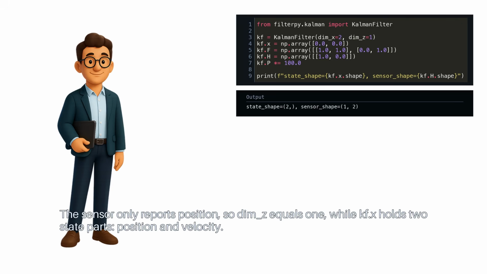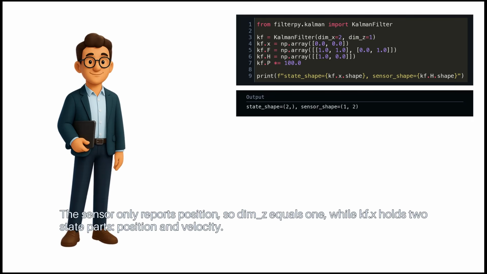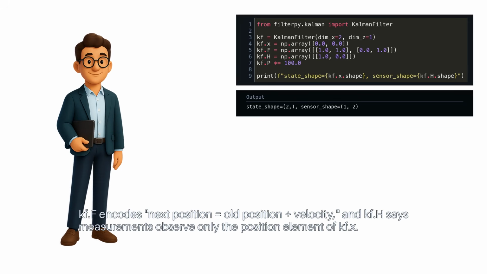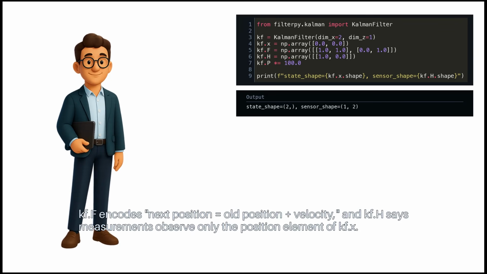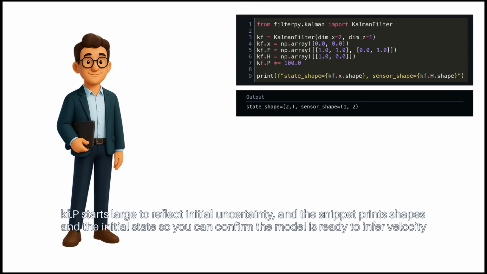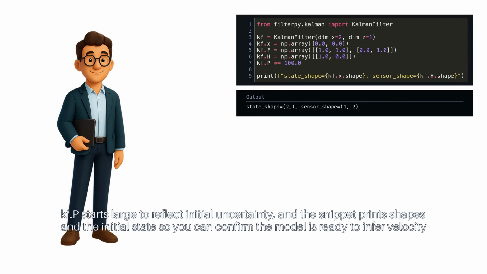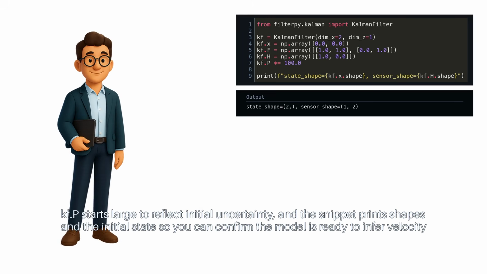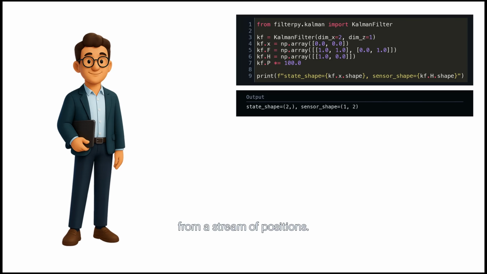The sensor only reports position, so dim_z equals 1, while kf.x holds 2 state parts, position and velocity. kf.F encodes next position equals old position plus velocity, and kf.H says measurements observe only the position element of kf.x. kf.P starts large to reflect initial uncertainty, and the snippet prints shapes and the initial state, so you can confirm the model is ready to infer velocity from a stream of positions.